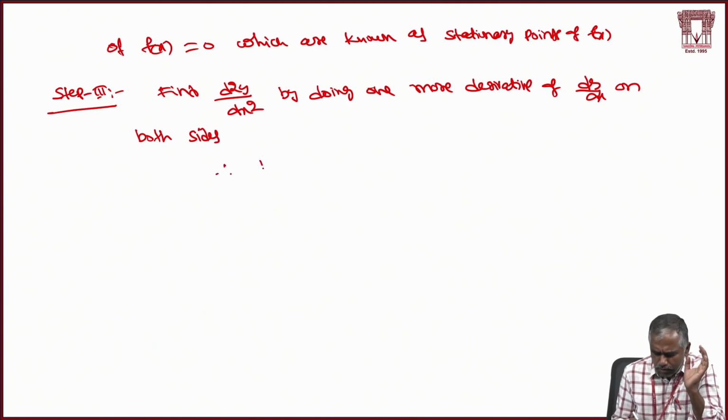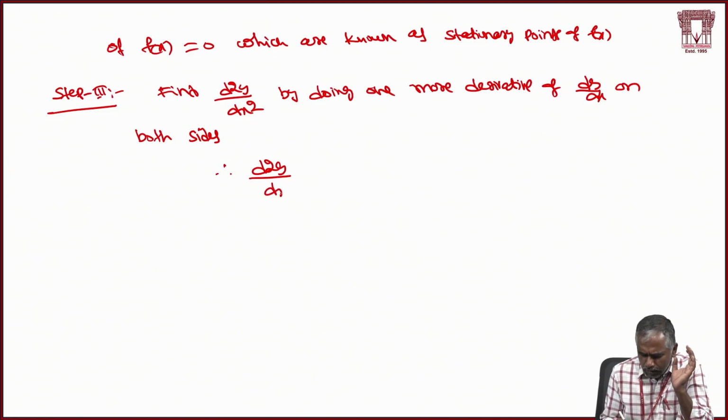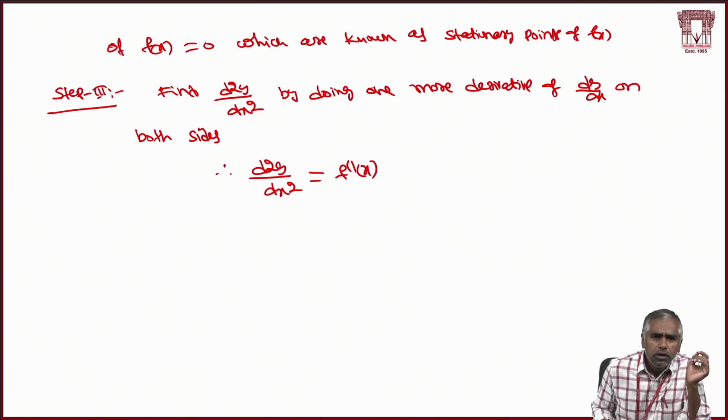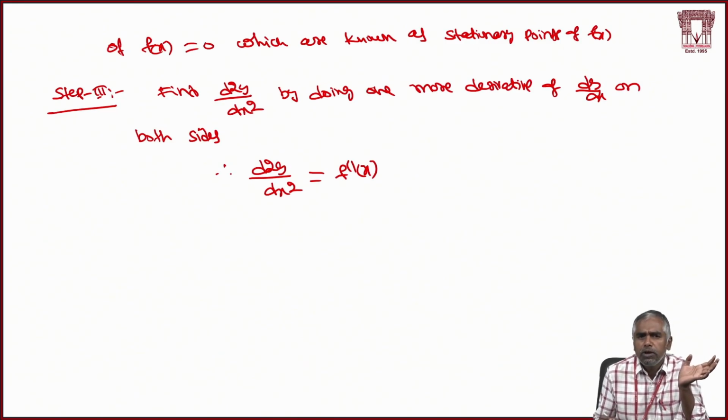Therefore, d square y by dx square equal to f double dash of x. So according to step 3, we will have to differentiate again the term dy by dx on both sides with respect to x. So then it becomes d square y by dx square equal to f double dash of x.